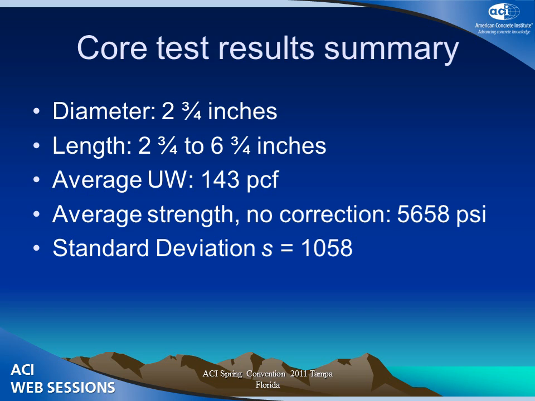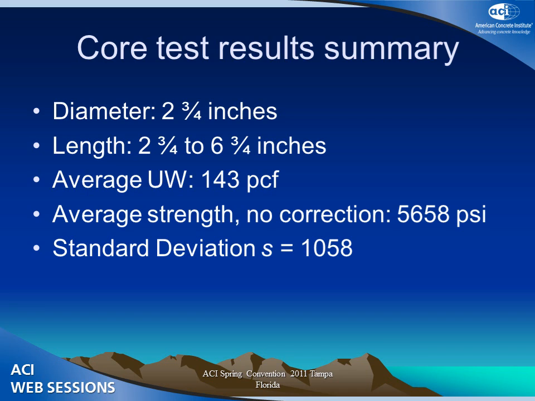So the summary of the coring that we did, the average diameter was about 2 3/4. It was a nominal 3-inch hole, and you end up with about a 1/4 inch less when you're cutting the core. We used that because we weren't sure exactly how thick it was, and we wanted to be close to an L over D of 2. The average length of the cores, you can see there, quite a bit of range.